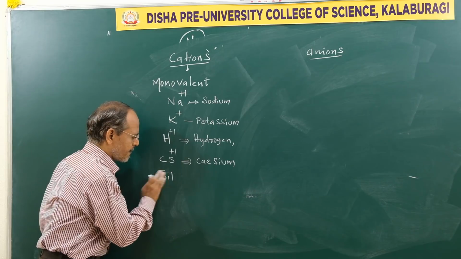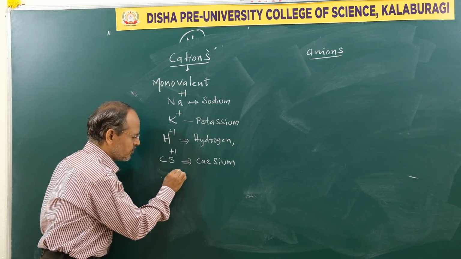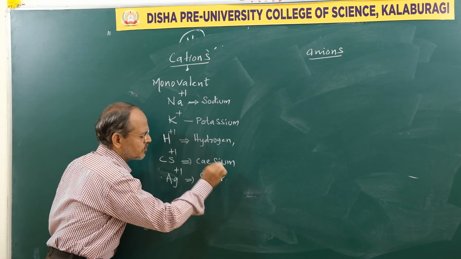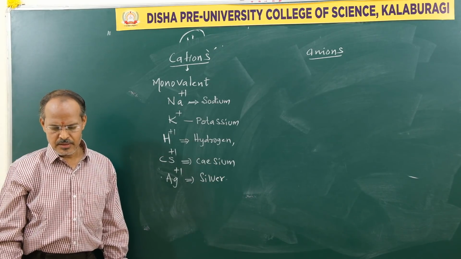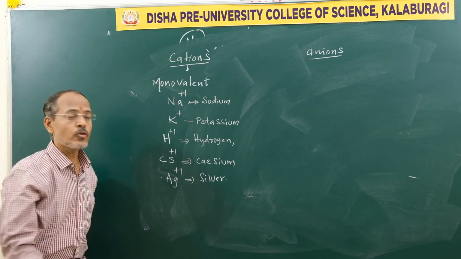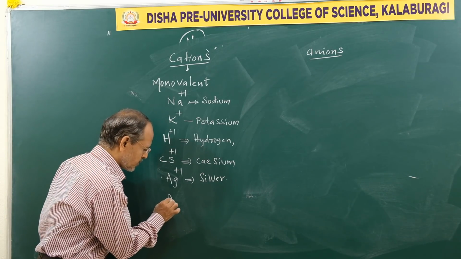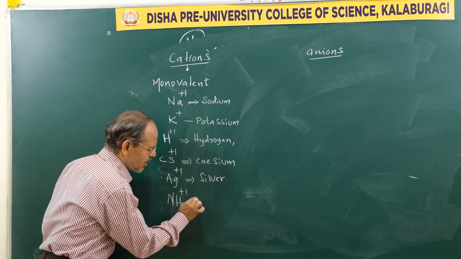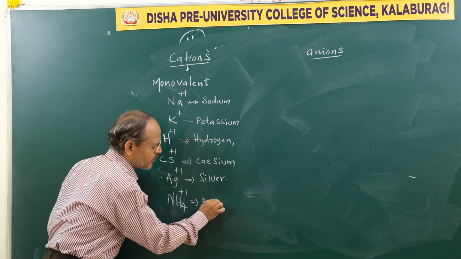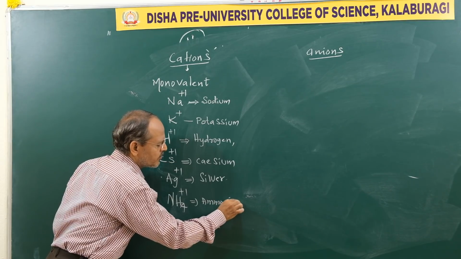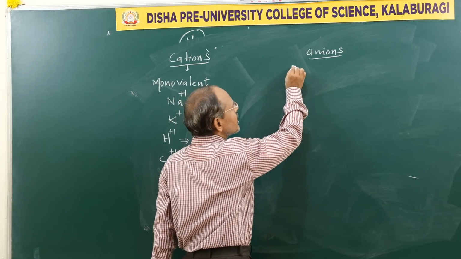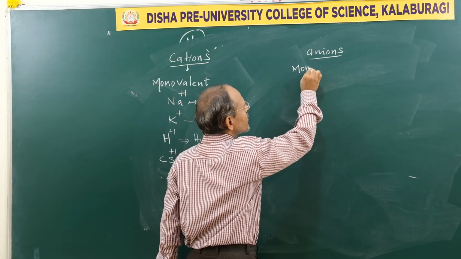Silver, Ag plus 1. Okay. Then ammonium, NH4 plus 1. Like that. For anions, we'll see the monovalents.